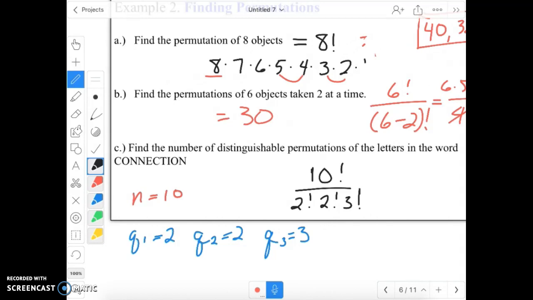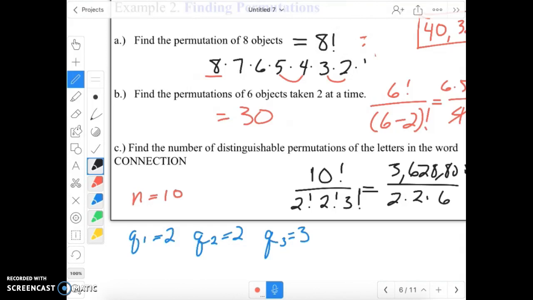So 10 factorial, not just 10, that actually gives us 3,628,800. And then that would be divided by 2 times 2 times 6, because 3 factorial is 3 times 2 times 1.